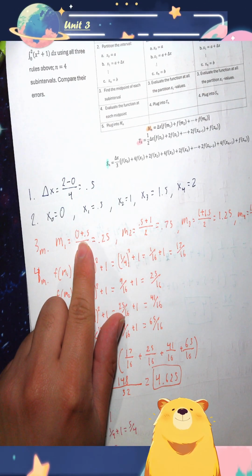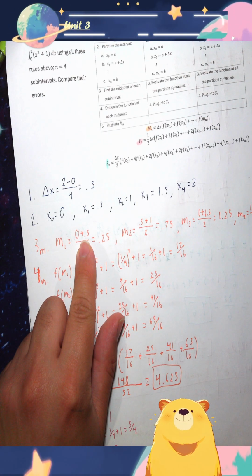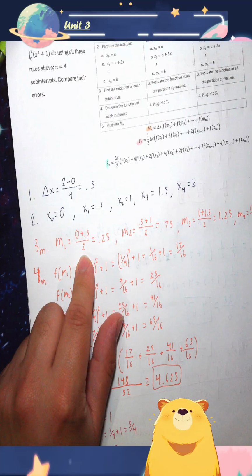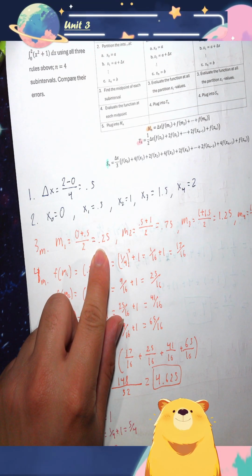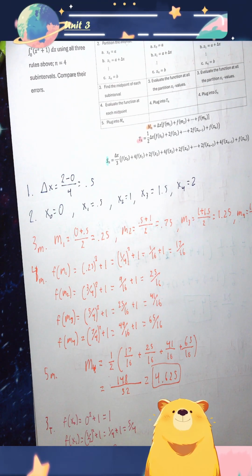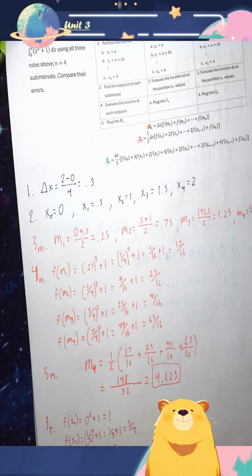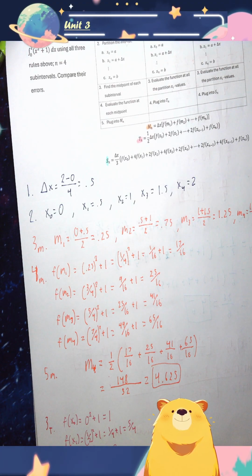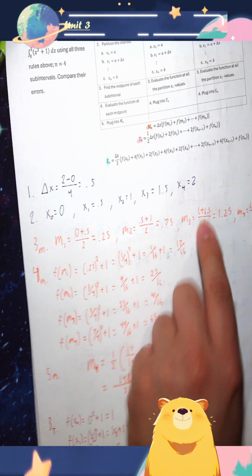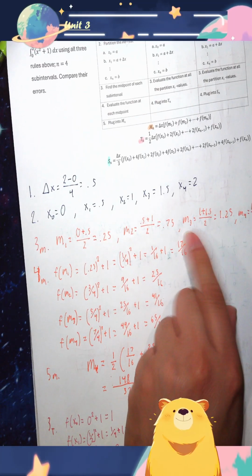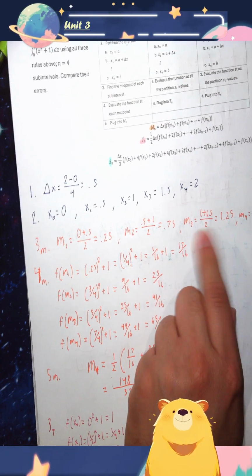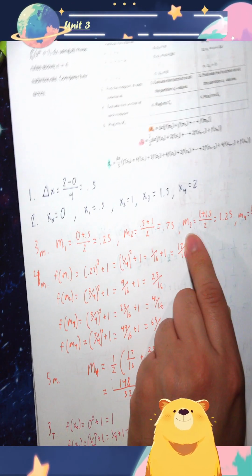The first midpoint is 0 plus 0.5 divided by 2, which is 0.25. The second midpoint, 0.5 plus 1 over 2, is 0.75. The third midpoint, between 1 and 1.5 over 2, is 1.25.